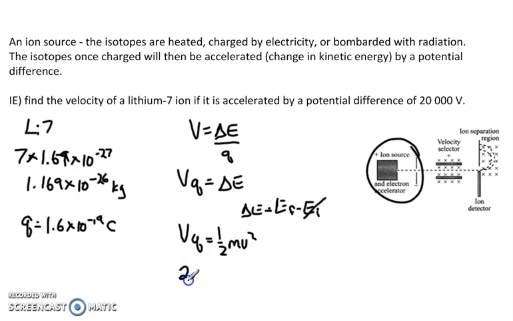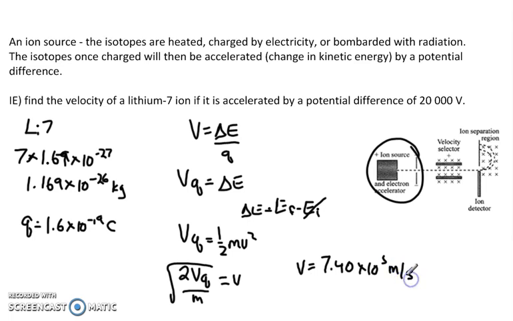So isolating v, or the velocity, will get you this, using 2 times the voltage times the charge divided by the mass, which has been given. We should find a velocity of 7.40 times 10 to the 5 meters per second.